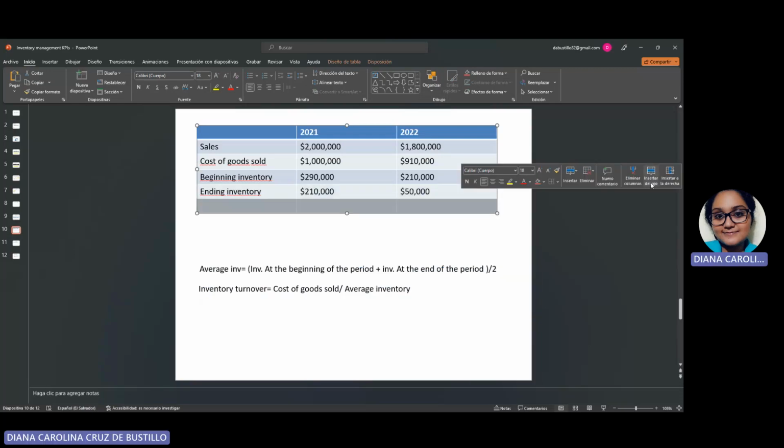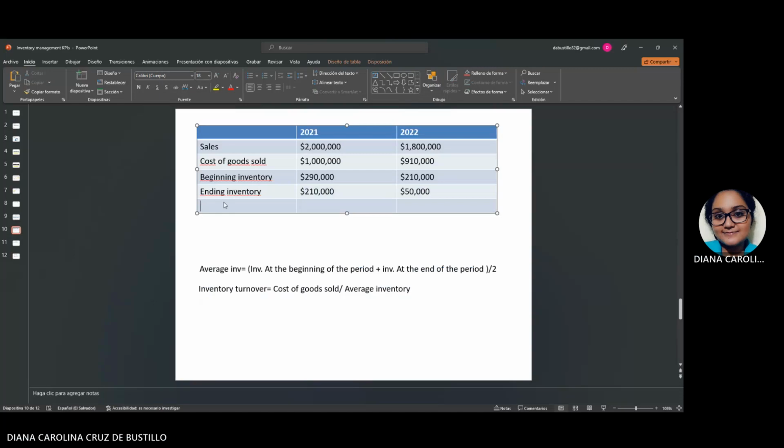So to do that, we need to compute here another row, okay? It's the summation of these two divided by 2, so it would be 290,000 plus 210,000 divided by 2, and here 210,000 plus 50,000 divided by 2, okay?